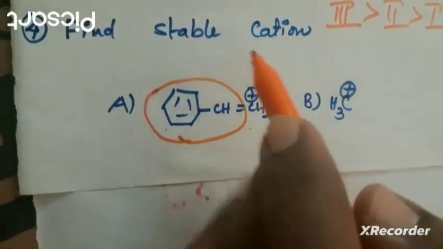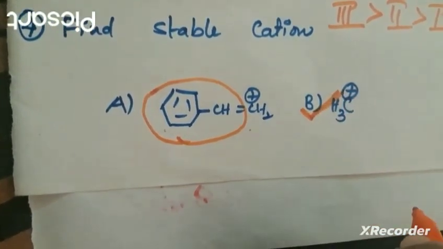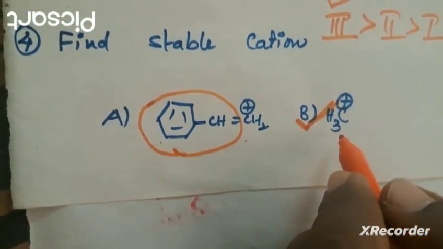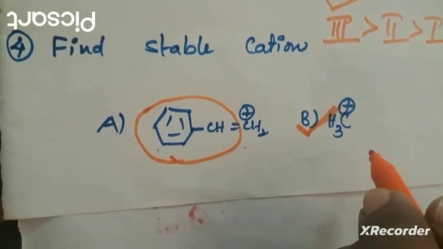So option B is the correct answer, and the stable carbocation is the methyl carbocation.